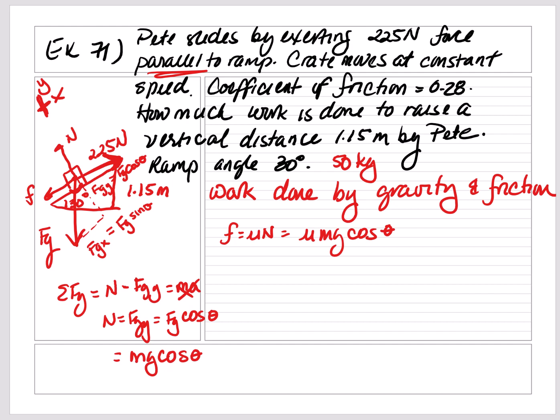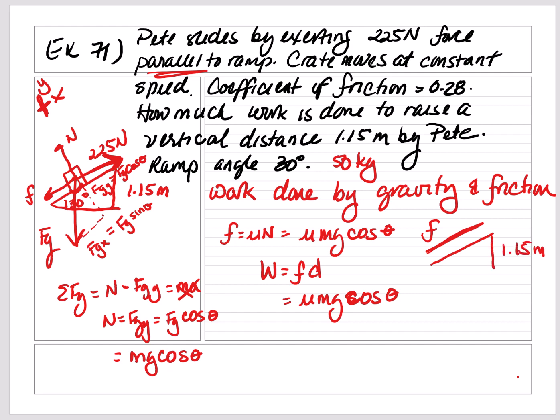So if I plug in for work due to friction, work is equal to friction times displacement. So this is going to be mu mg cosine theta times displacement. Now I need to find my displacement. Since the force is along the ramp, the height is given as 1.15 meters, but it's vertical.